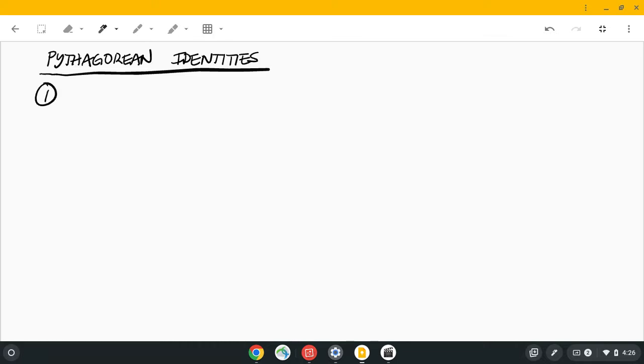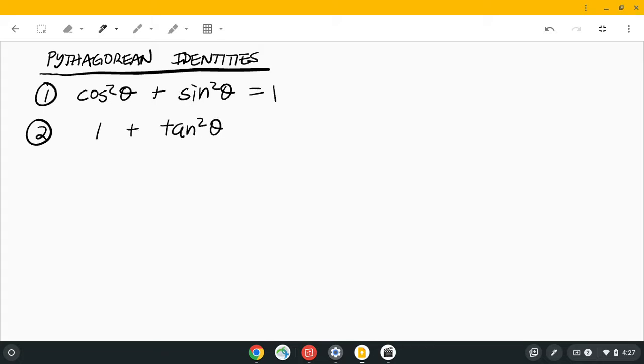Okay, so the first one is cosine squared theta plus sine squared theta equals 1. So you can see why this is considered a Pythagorean identity. We see it has that Pythagorean form, a squared plus b squared equals c squared, where 1 squared is 1. All right, the second one is 1 plus tangent squared theta equals secant squared theta.